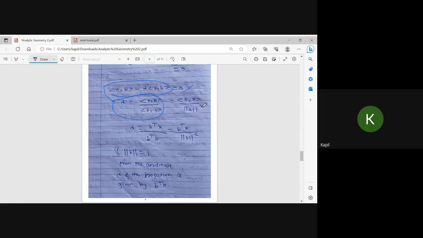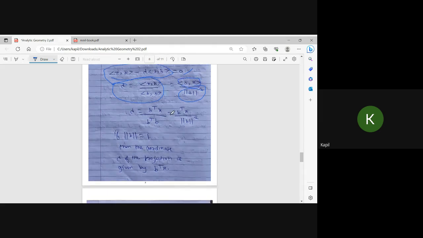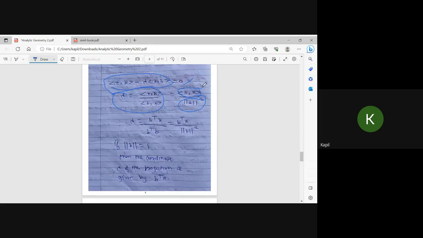And the inner product of b and b is nothing but the magnitude of b squared. And the inner product of x and b is also equal to the inner product of b and x. That is also true. We know the basic definition of the inner product is b transpose x. So in the above, we can write it as b transpose x. That is the final formula for our coordinate lambda: b transpose x upon magnitude of b squared.